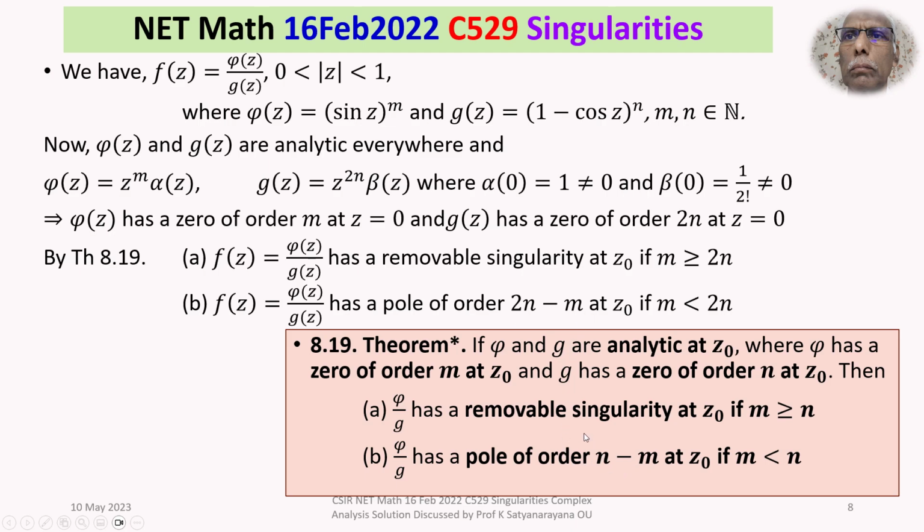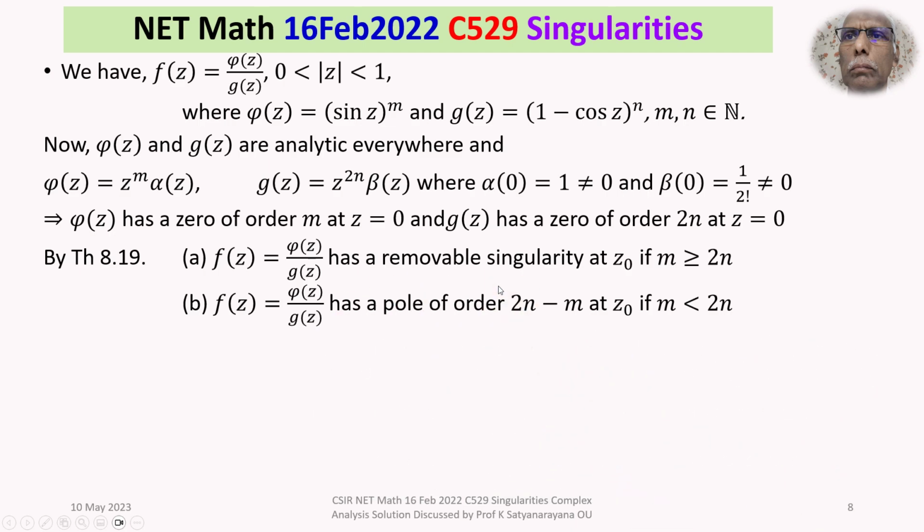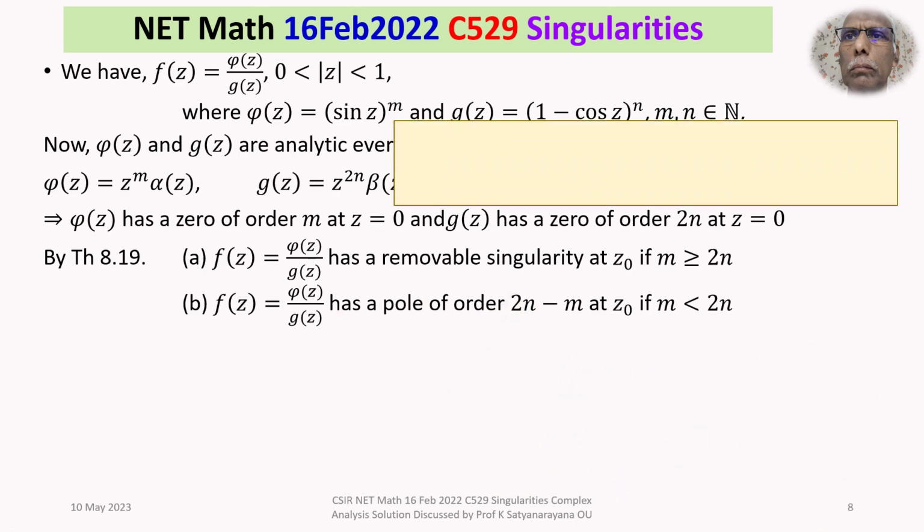In the place of n, we have 2n minus m at z naught if m is less than 2n. So now we have applied this theorem and we got these results, and let us look at our options.